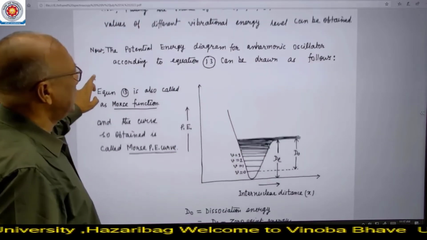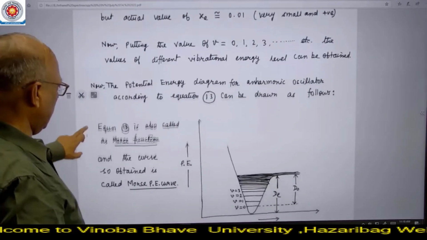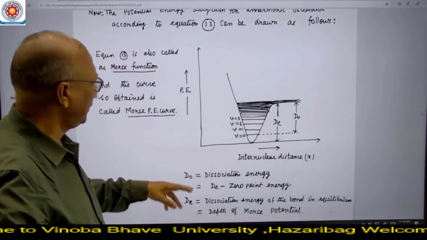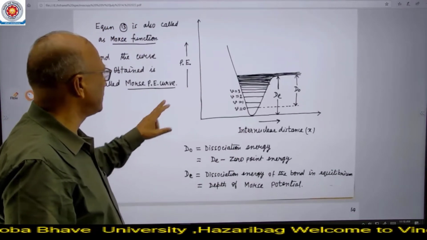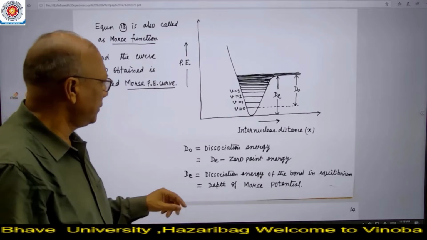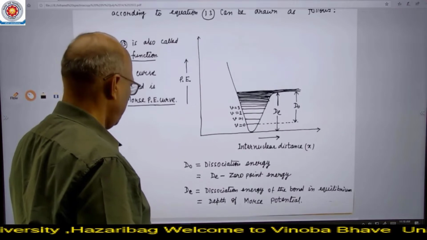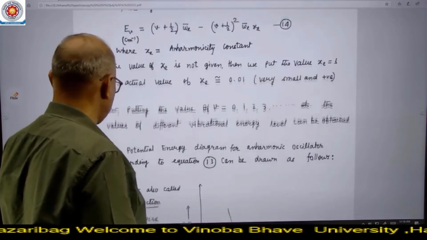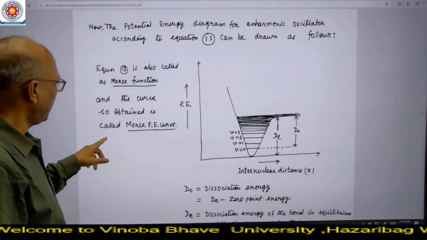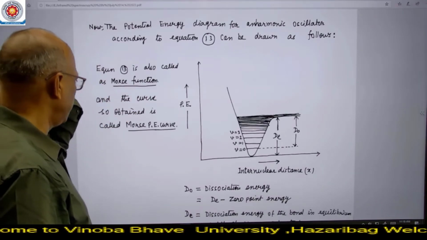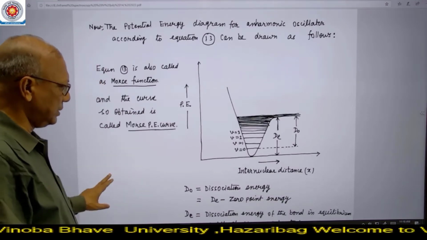The potential energy diagram for the anharmonic oscillator according to equation 13 can be obtained like this figure. Here on the x-axis it is internuclear distance, and on the y-axis it is the potential energy. This equation 13 is called the Morse potential, also called the Morse function, and the potential energy curve is called the Morse potential energy curve.